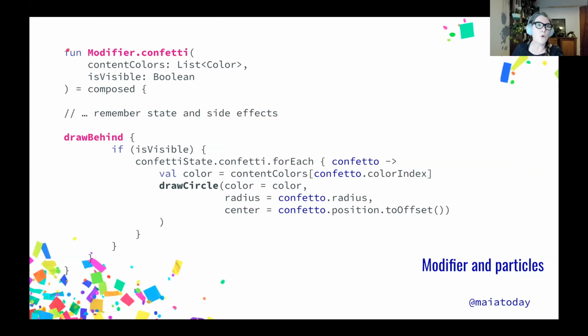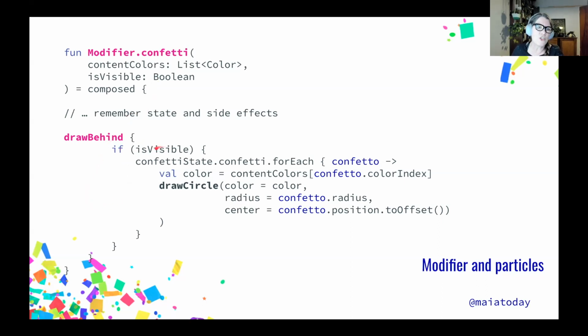Okay, so this is more of the same. The previous code and the previous slide came in over here. And now modifiers have this method, drawBehind, and that allows you to draw things behind whatever the composable is that this is applied to.